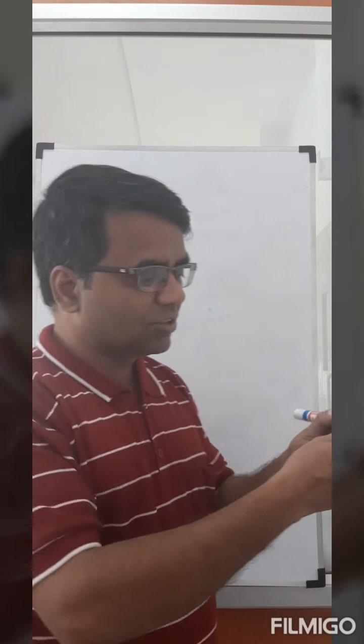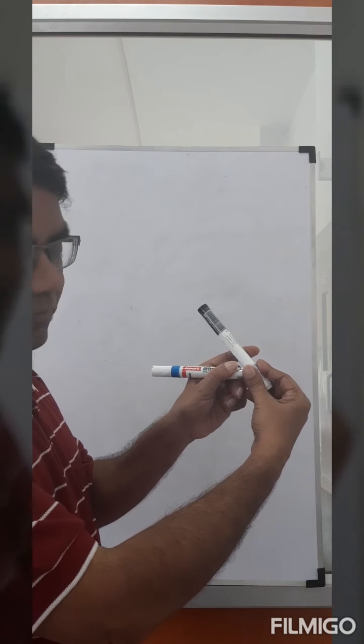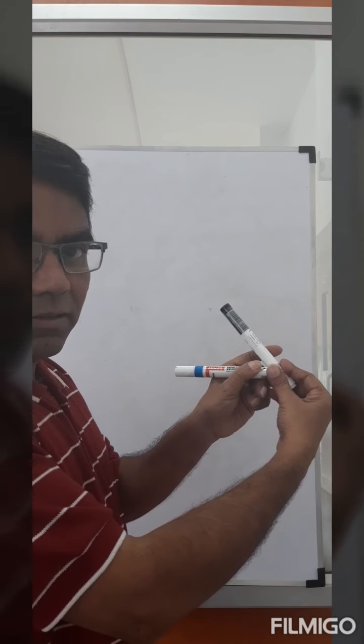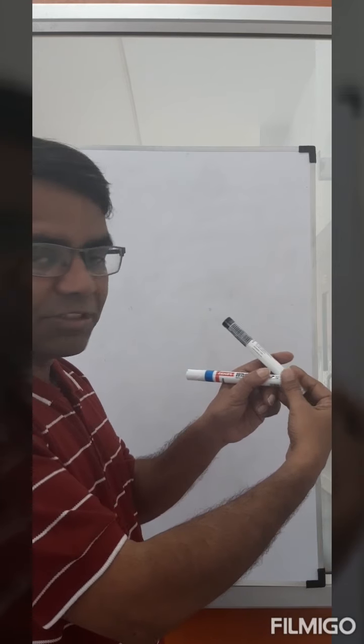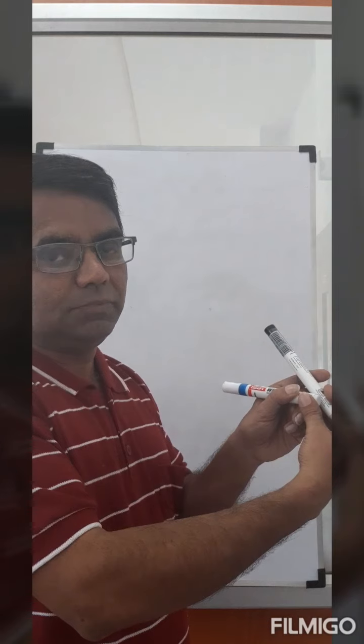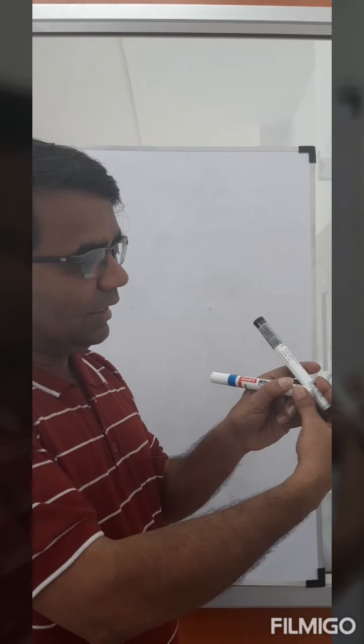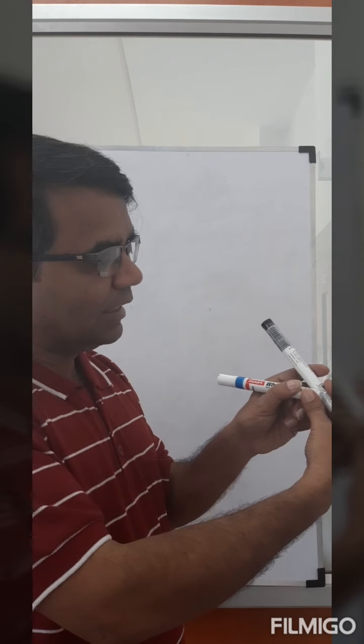But what happens if the velocity is not perpendicular to the magnetic field, but has some angle, less than 90 degrees? Well, if this is the case, I will have two components.